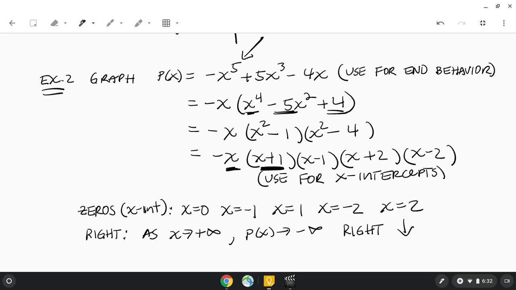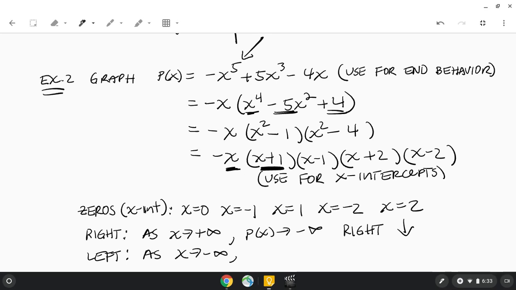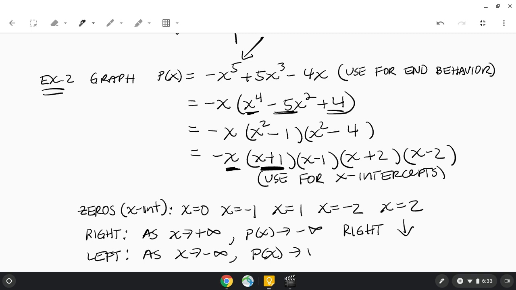Okay, the left-hand behavior. So left-hand behavior, that says x goes towards negative infinity. Okay, so if I plug in negative infinity to that leading term, I end up with positive.